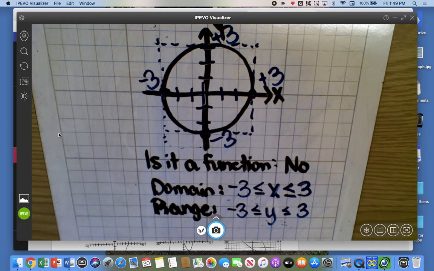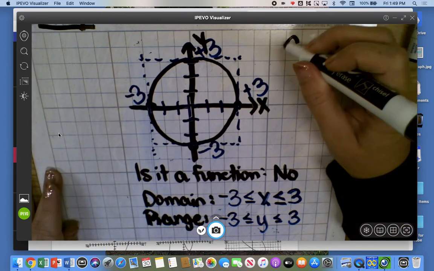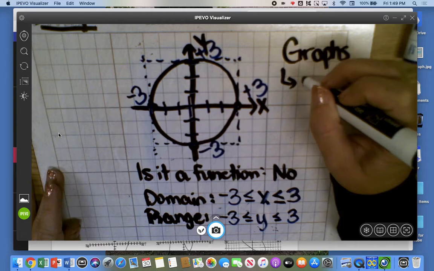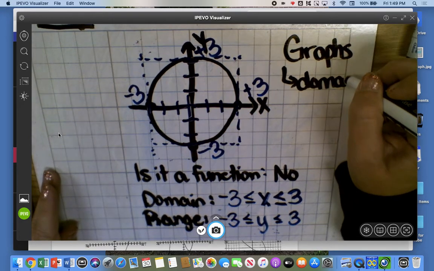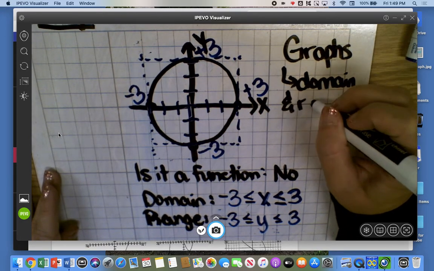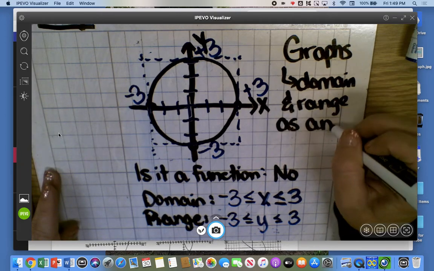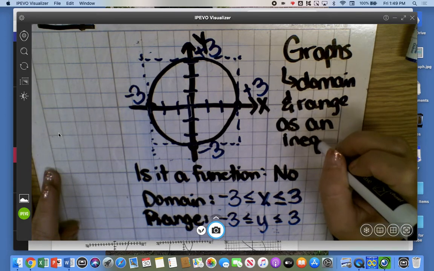So whenever you have a graph, you're always going to write your domain and range as an inequality.